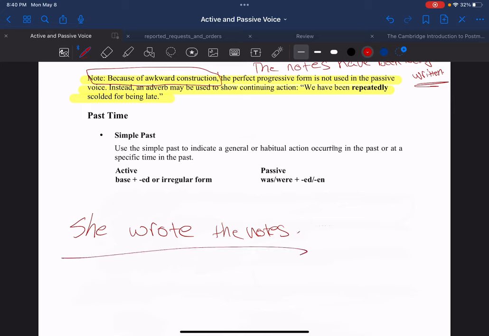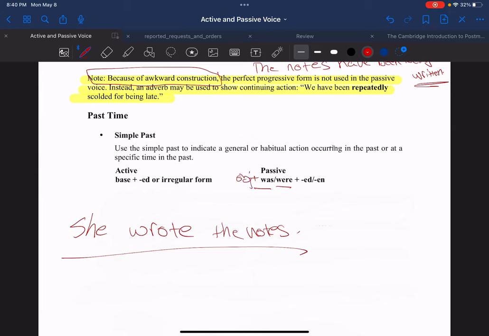Now this is exactly as you would have done the present, but the difference between present simple and past simple, besides its usages, besides the timeline, the basic stuff, is that present simple uses is, am, or are. Here we have was or were.